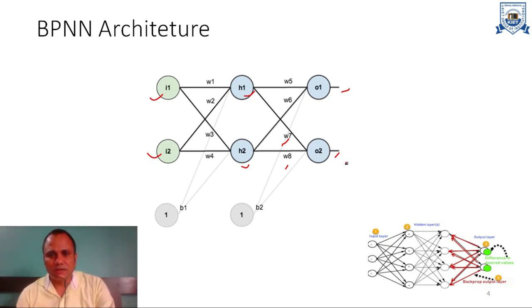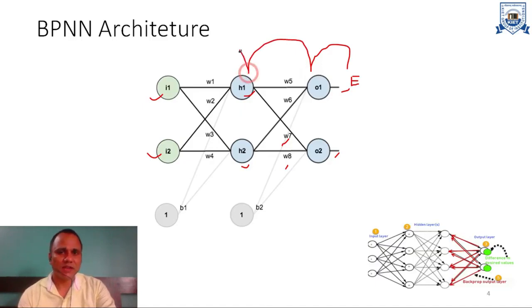In the bottom diagram we have the same diagram, but whatever error we receive here needs to be back propagated into our network. One by one, first into the output layer, then the weights need to be adjusted in the hidden layer, and finally in the input layer.